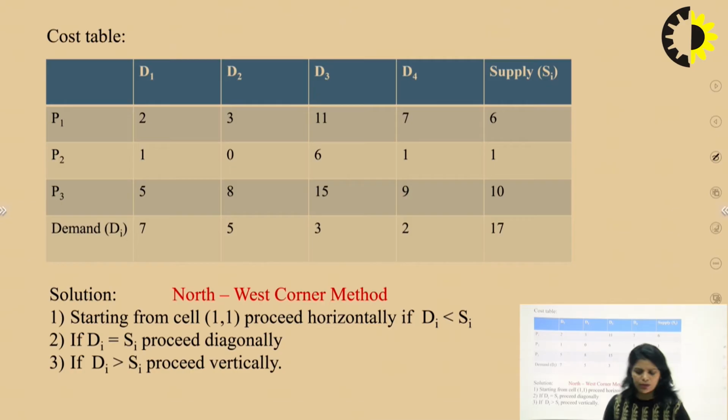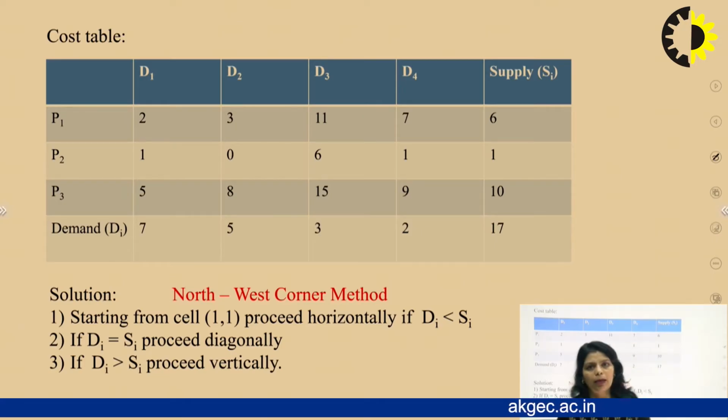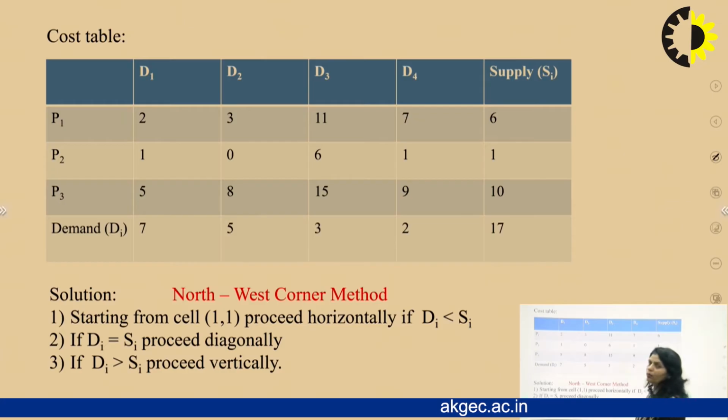First we will see whether our problem is balanced or not. 7 plus 5, 12, plus 3, 15, plus 2, 17. And 6 plus 1, 7, plus 10, 17. So the total supply is equal to the total demand, meaning our problem is balanced.